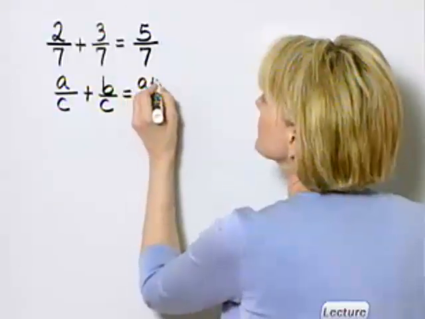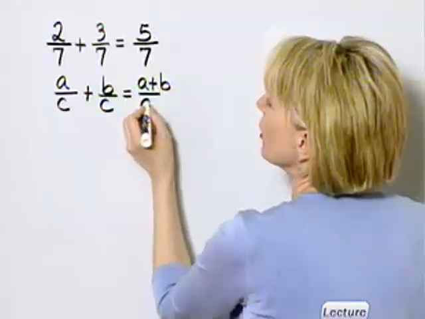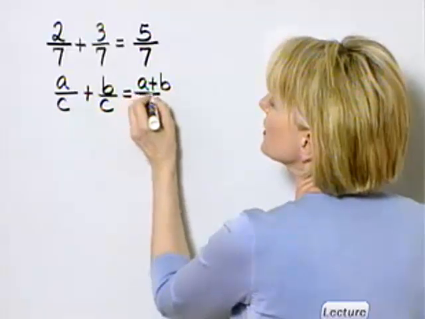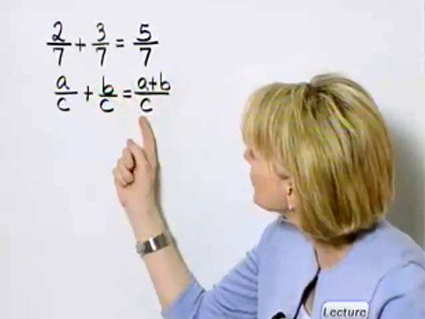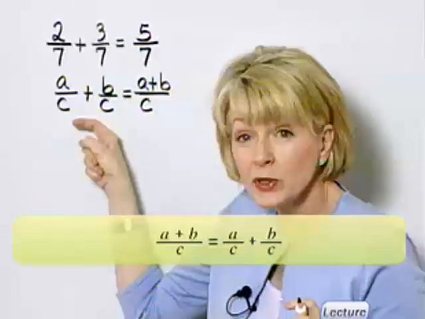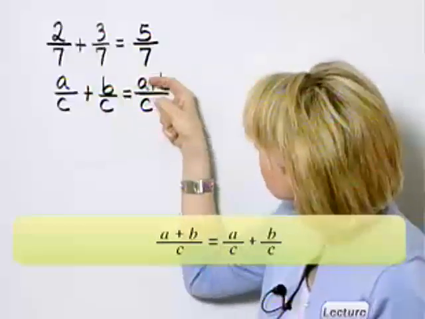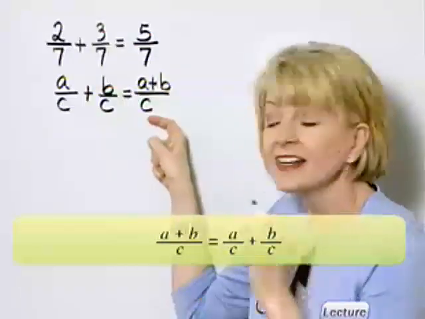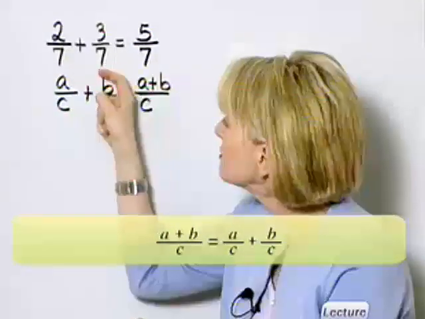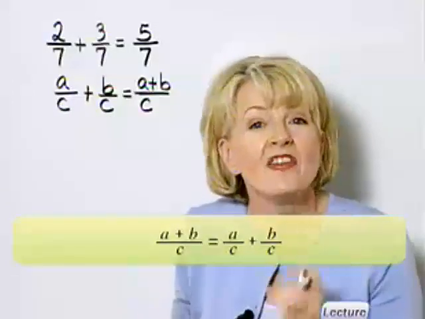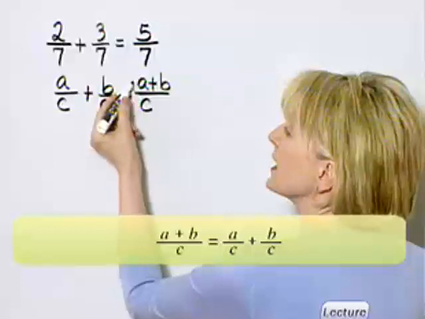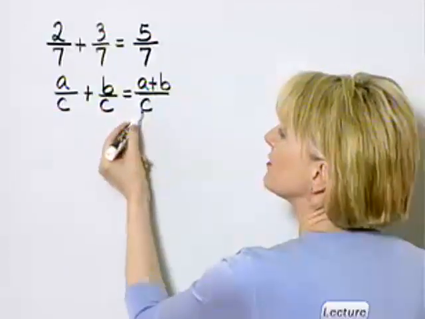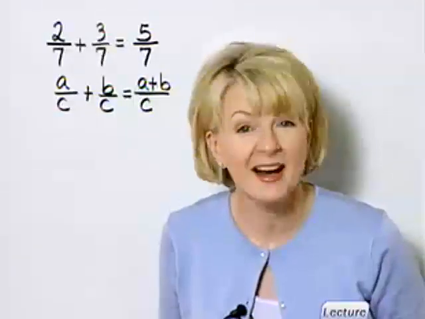Now, what if I read this from right to left? A plus b all over c is equal to a over c plus b over c, and that will help us then learn how to take a polynomial and divide by a one-term monomial.